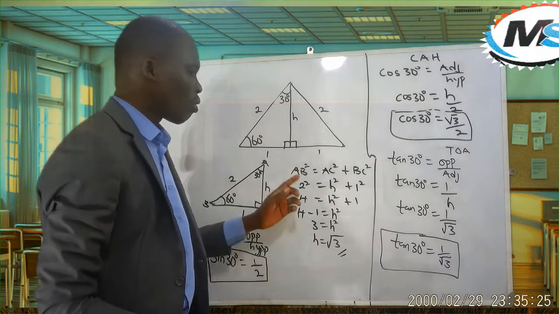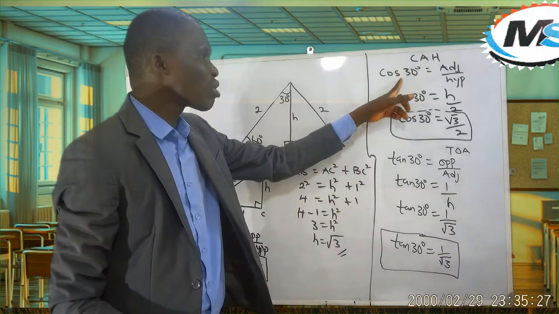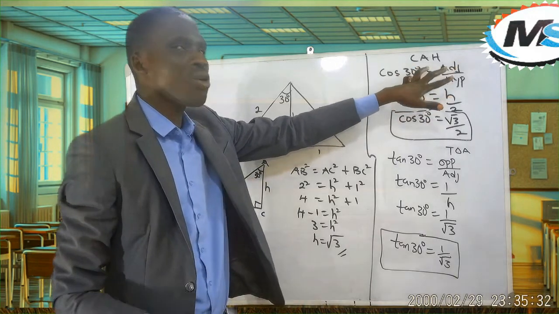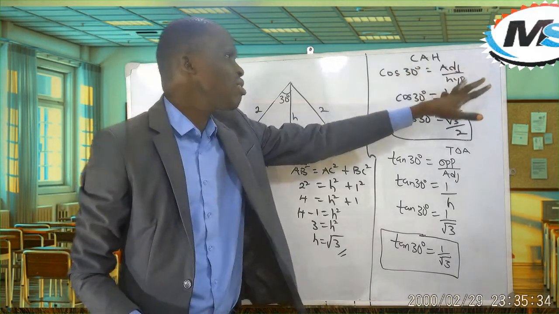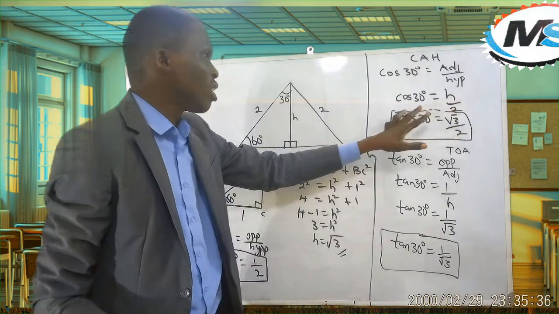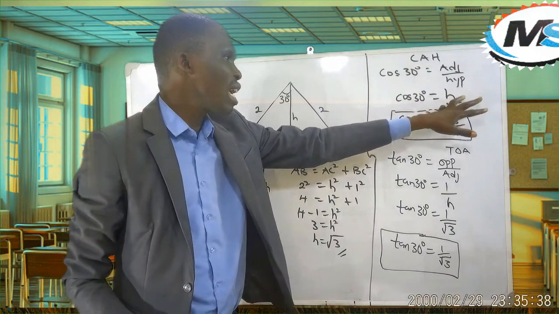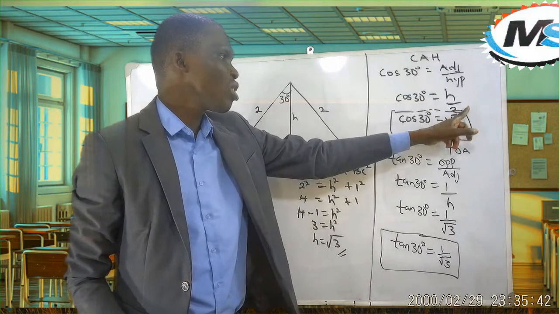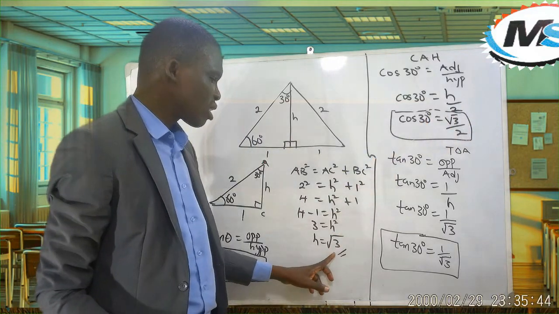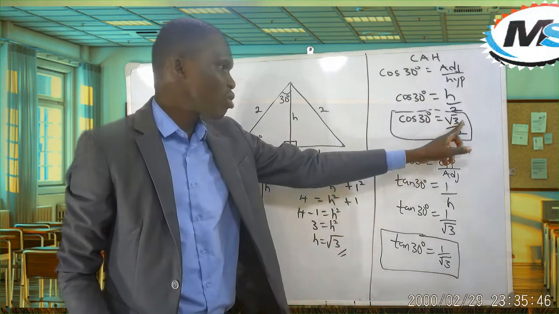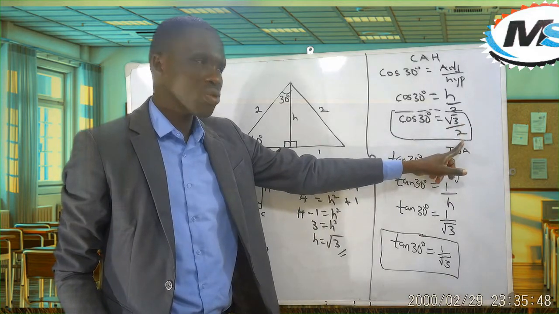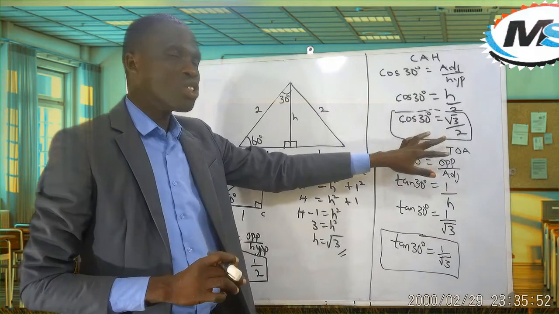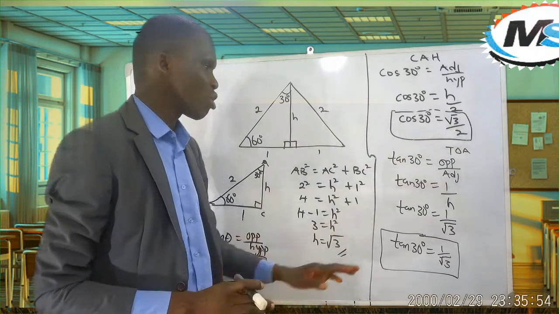Now we come to cos 30 degree. Cos is CAH, adjacent over hypotenuse. H is adjacent and hypotenuse is 2. Since h is root 3, that will give us root 3 all over 2.